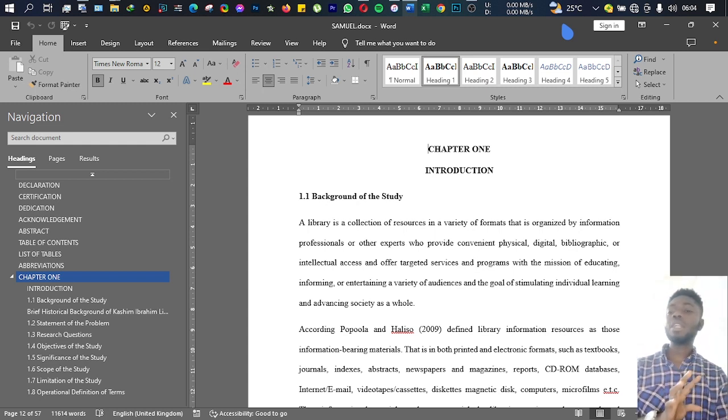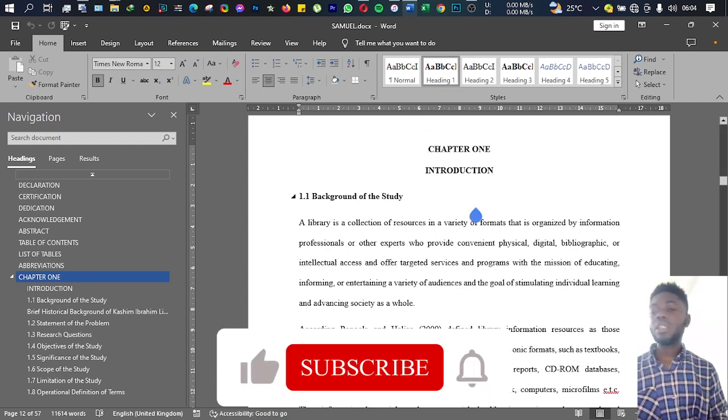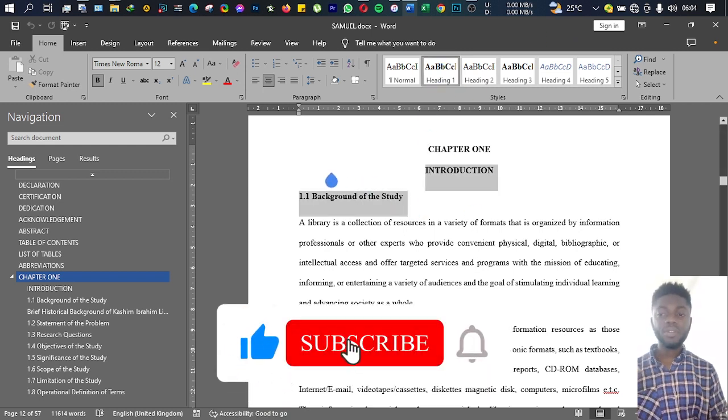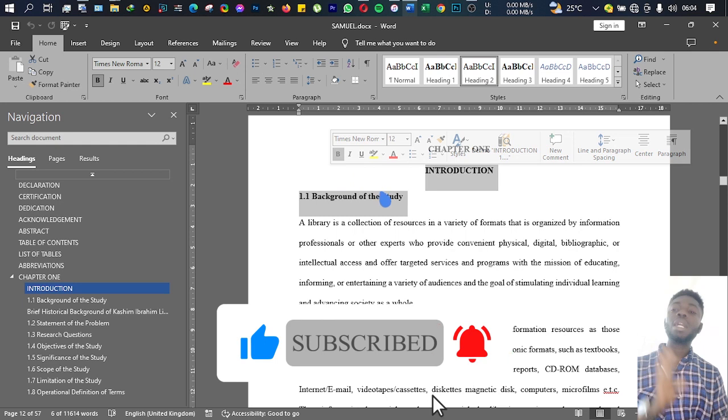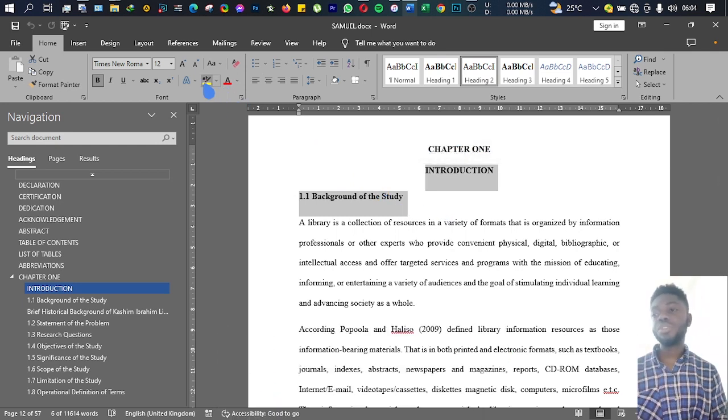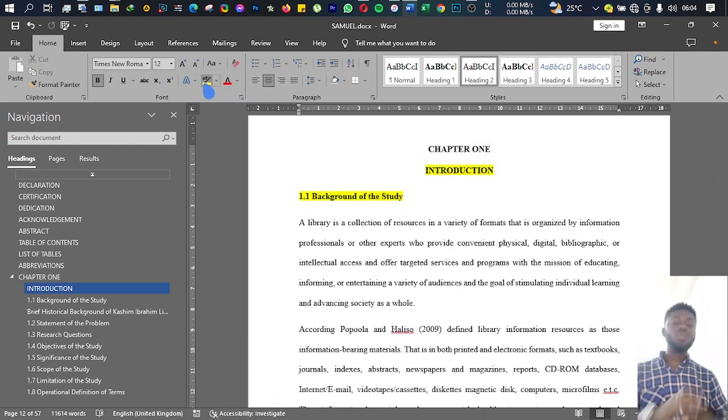Depending on the topic and depending on your experience level, it can be challenging. But basically, your chapter 1, irrespective of department or field, is supposed to give an introduction into whatever you are going to be working on. So, chapter 1 is introduction.